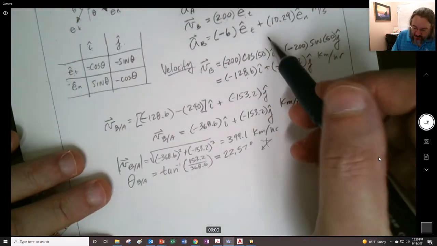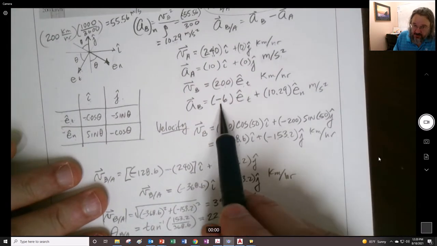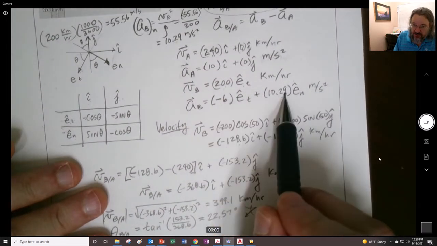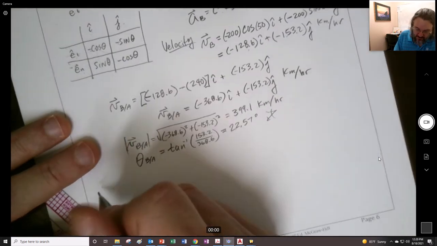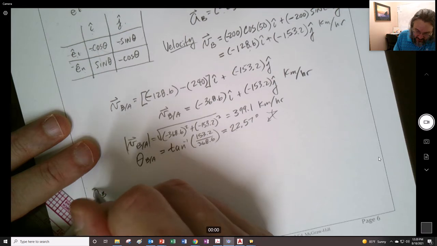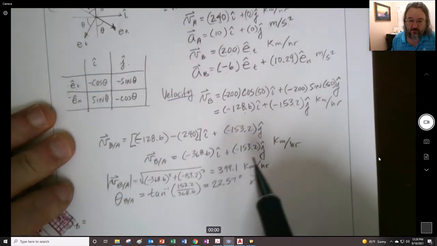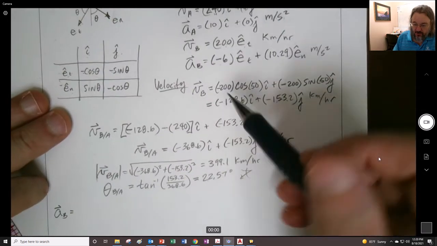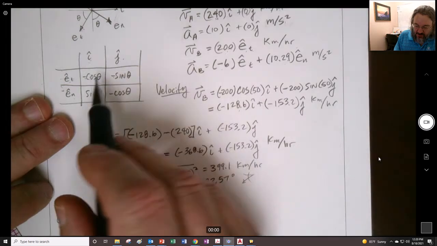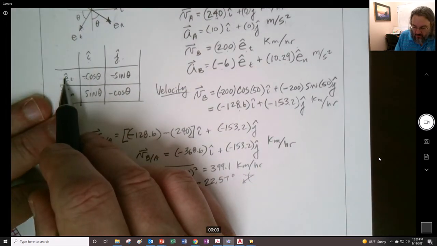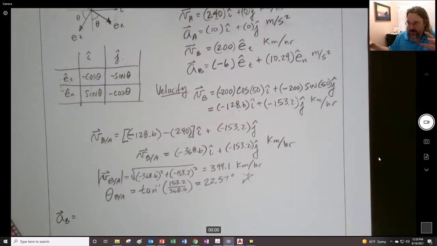And now for the acceleration, it's a little bit more involved because we have to turn this acceleration into I and J, so there's a couple more terms in there, right, as we're coming through here. So we take the acceleration of B, and in the previous example of a coordinate transformation, I probably broke the thing out and wrote it out and then wrote it out again.